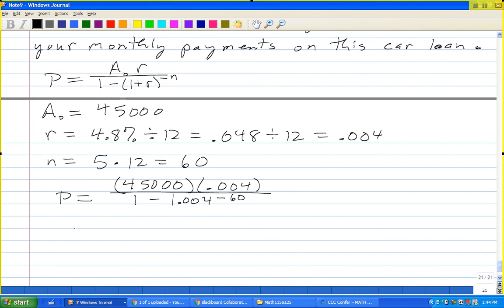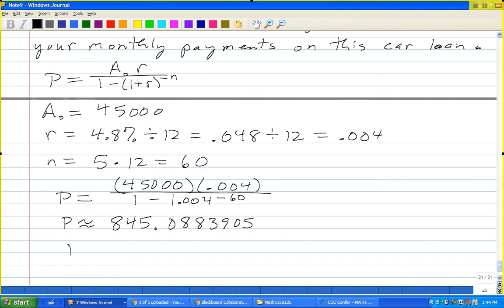So P is approximately 45,000 times 0.004 divided by 1 minus 1.004 to the power negative 60, which is 845.0883905.